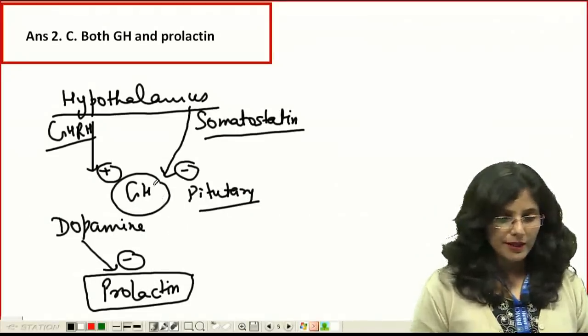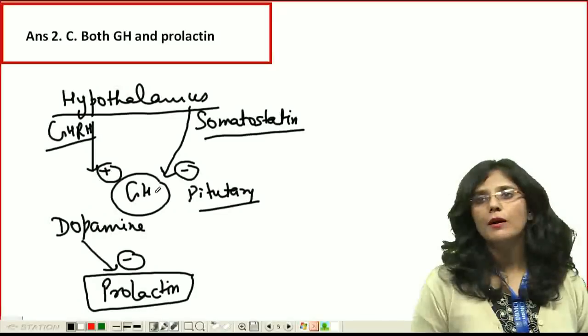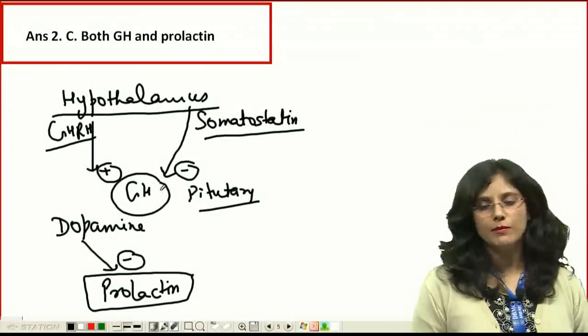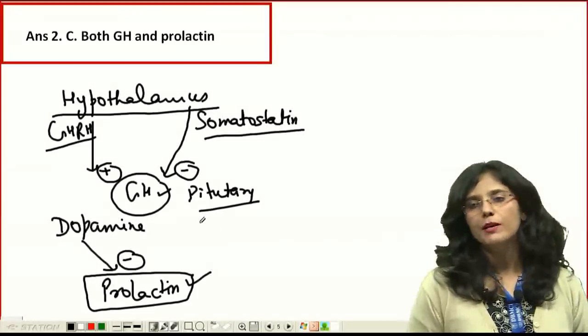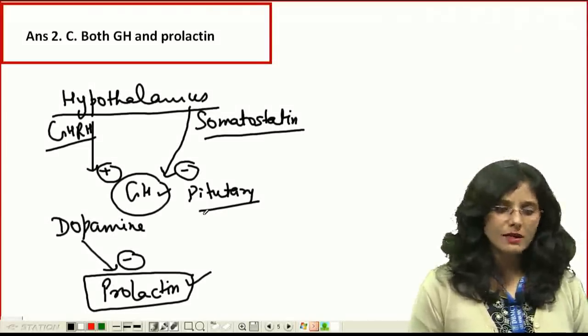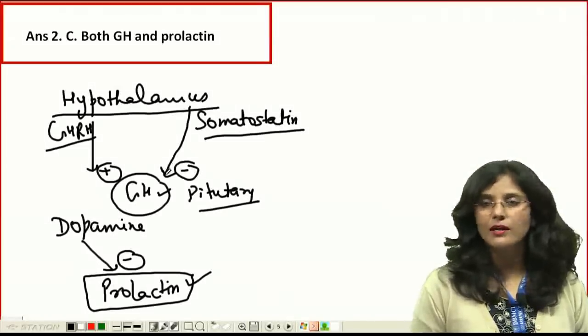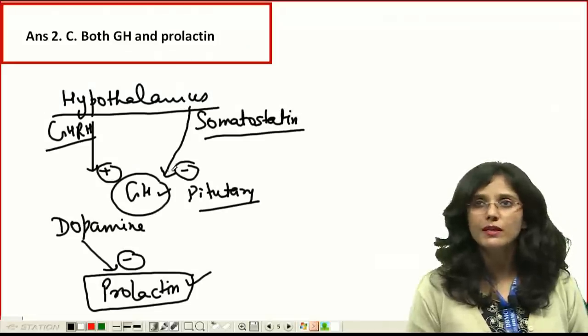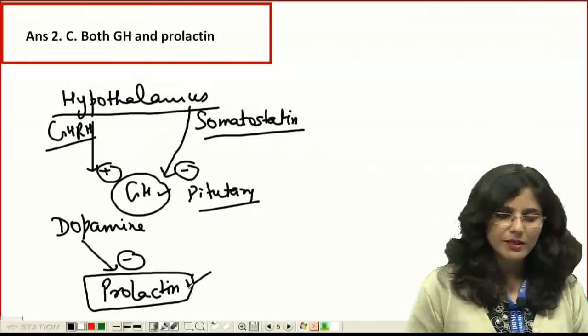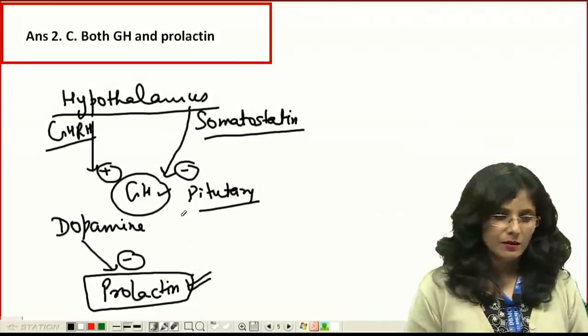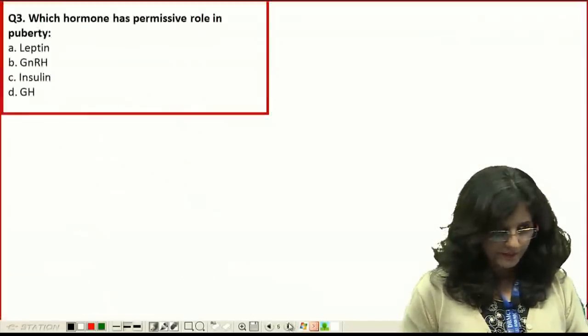So here the question was about the inhibitory control from the hypothalamus, so the answer will be both growth hormone as well as prolactin. But if the question asks which are under only the inhibitory control of the hypothalamus, then the answer will be prolactin. Fine. The next question.